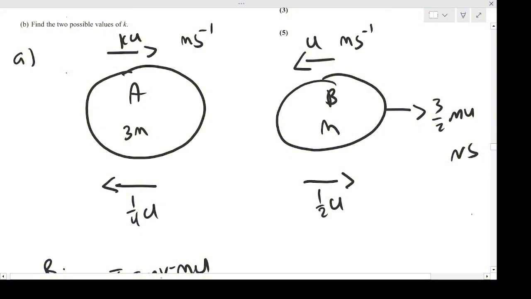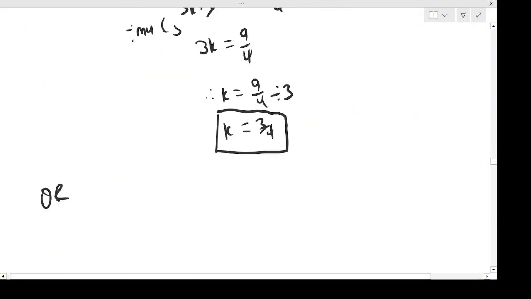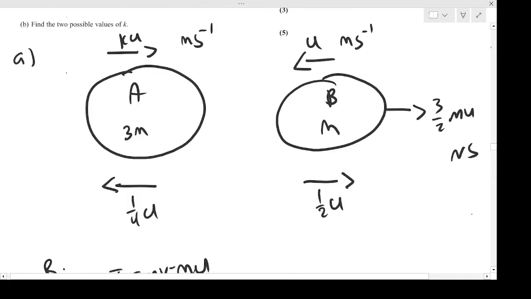In this case, we can apply conservation of momentum when we instead consider this version where A moves backwards instead, okay? So there we are. I'm going to say or. In the second case, if A moves the other way, so if A moves backwards instead of forwards, again, it's the same sort of idea.